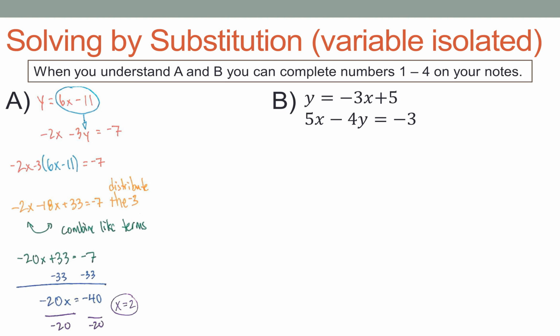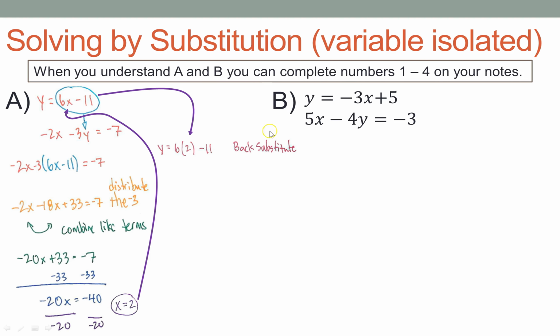Remember, the solution to a system of equations is where those lines intersect. So I'm going to take that x equals 2 and put it back into the first equation. I have y equals 6 times x, but since I'm substituting it back in, it now says y equals 6 times 2 minus 11.